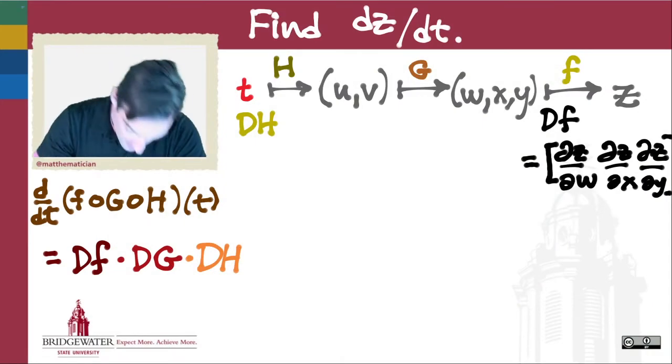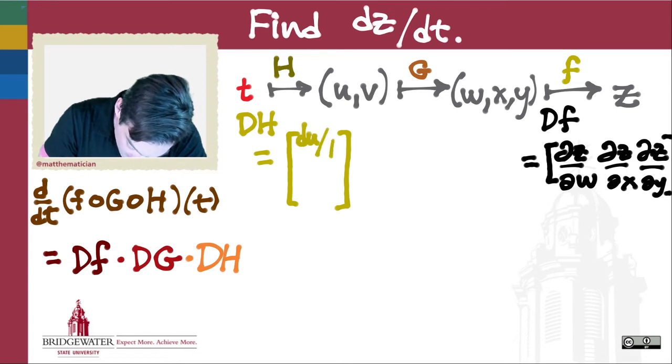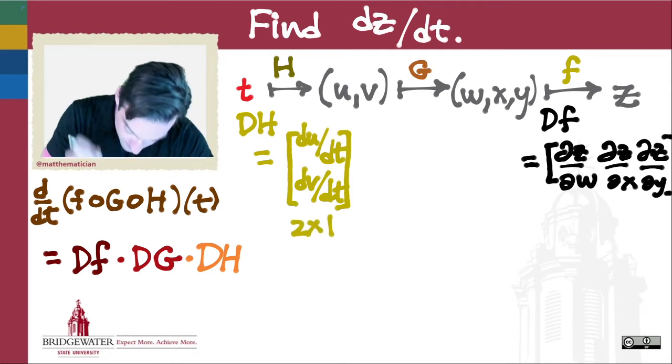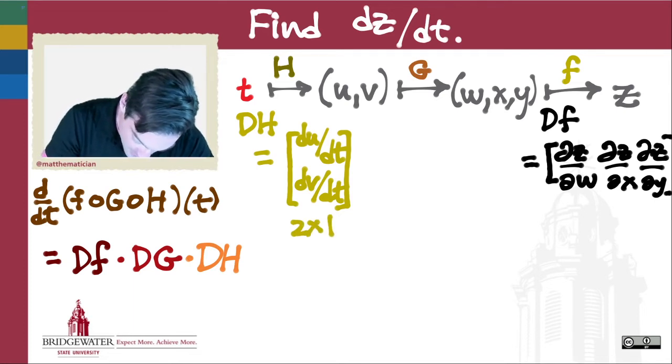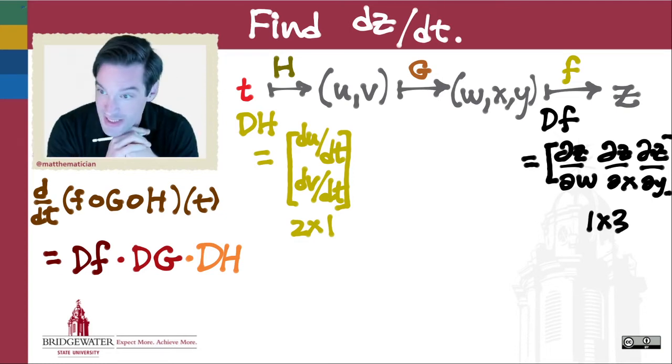So the entries of that column vector are the derivatives of my two components, du dt and dv dt. So I have a 2 by 1 matrix for dH. I have a 1 by 3 matrix for dF.